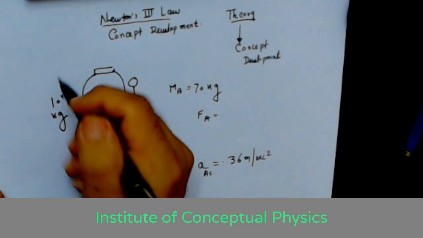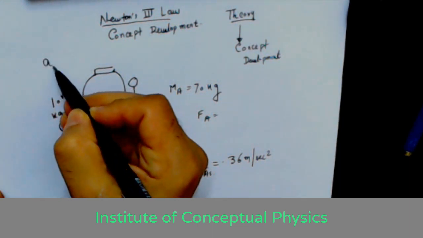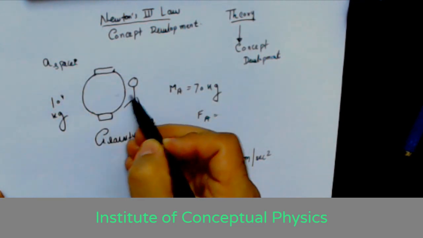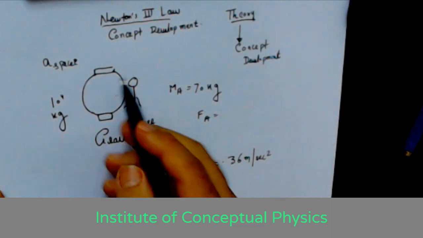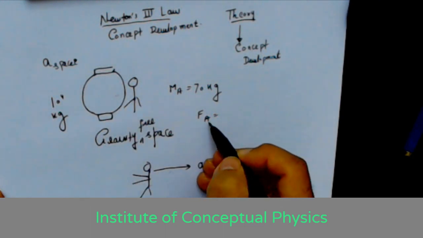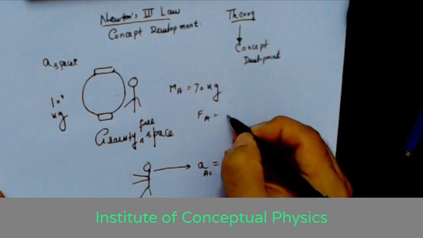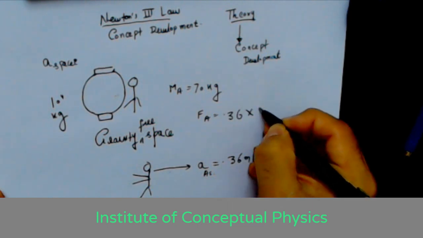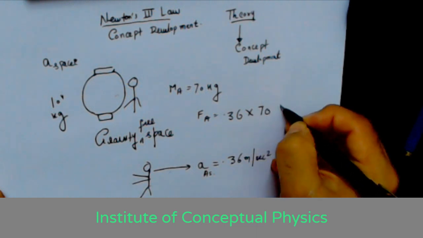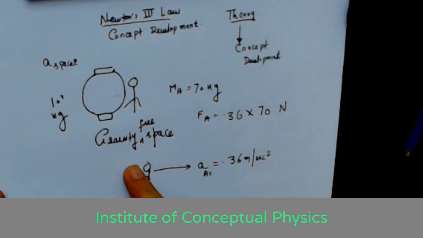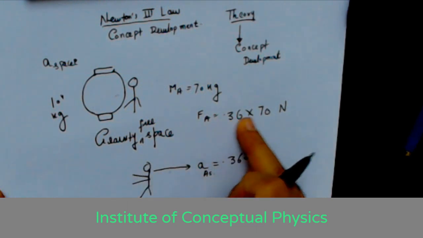Our aim is to find what is the acceleration of the spacecraft, which came from the push off. But the law which is being used is Newton's third law. So the force which acted on the astronaut is 0.36 multiplied by 70 newtons, which means the astronaut got a push back as a reaction of this magnitude.